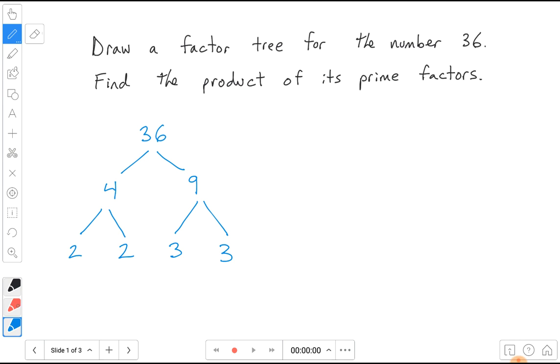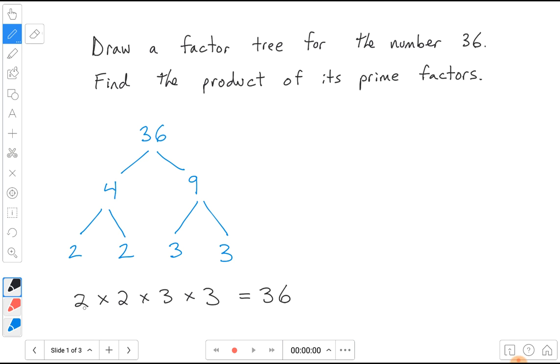And so we can actually write the answer for 36 and its prime factors as a multiple of these. So basically 2 times 2 times 3 times 3 equals 36. That's what we've deduced from our factor tree.